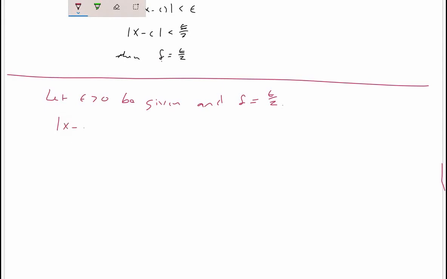Then we start off and say, let the absolute value of x minus c be less than delta. So we're going to pick something really close around the x-coordinate. Because we know what delta equals in terms of epsilon, we can switch that and say that's epsilon over 2. We can multiply both sides by 2, so that's less than epsilon. We can pull that 2 inside and distribute it.